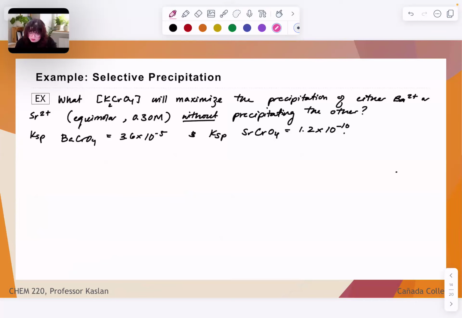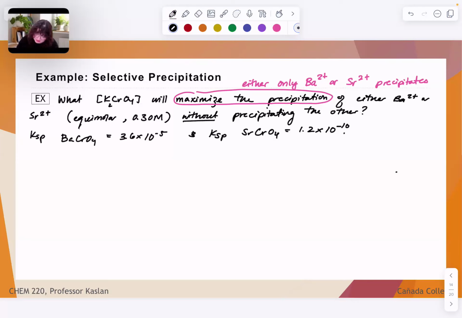So we want to maximize the precipitation of either only barium ion or strontium ion. And this precipitation is going to happen when we add some amount of our potassium chromate.